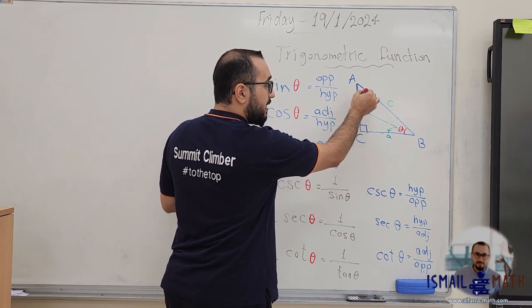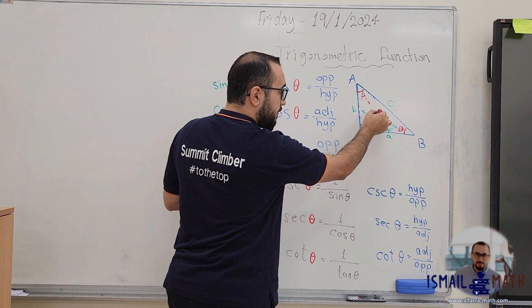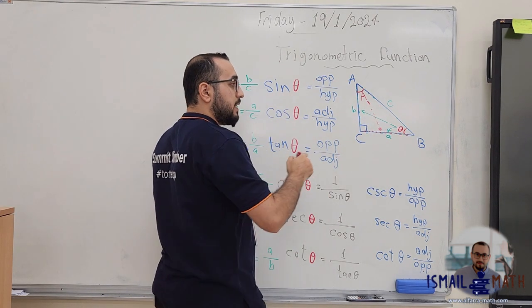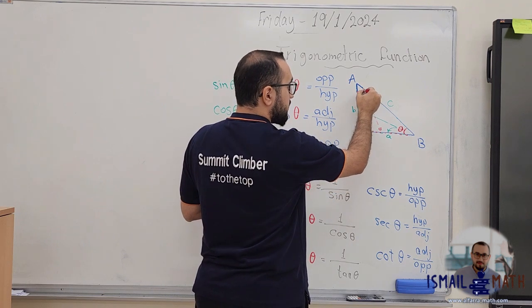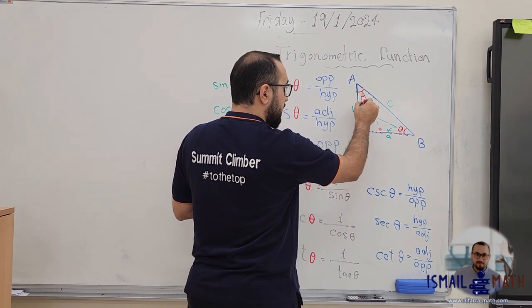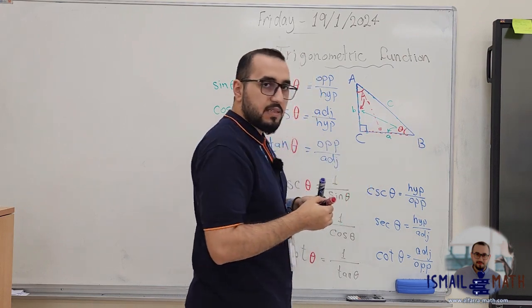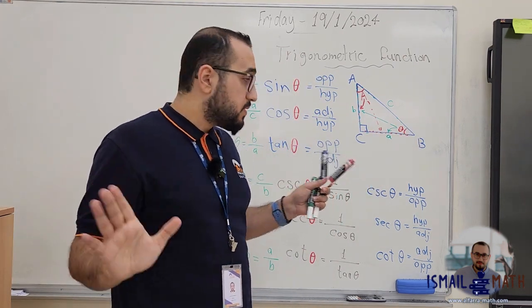The opposite side for A is this one, small a. The adjacent side for A is small b, which is this one. And the hypotenuse is always the longest side.